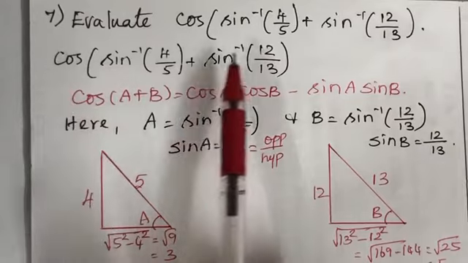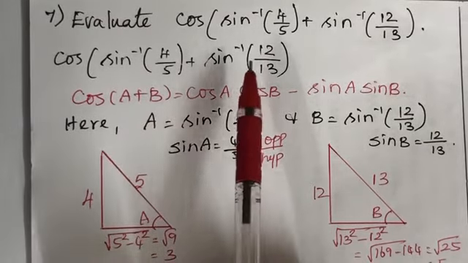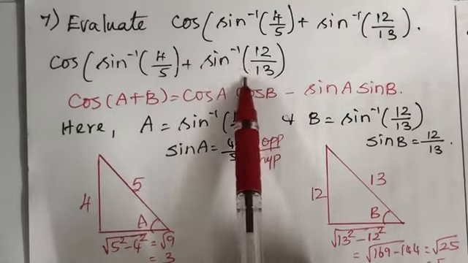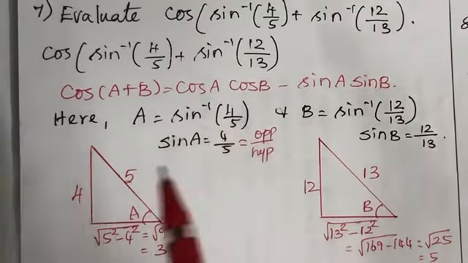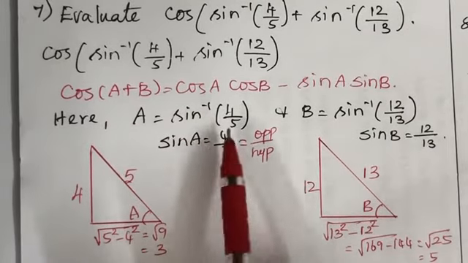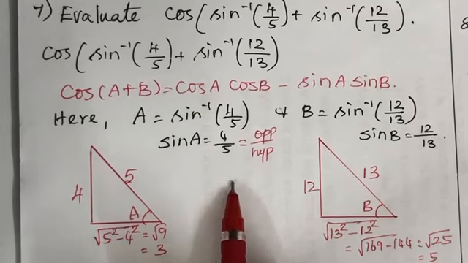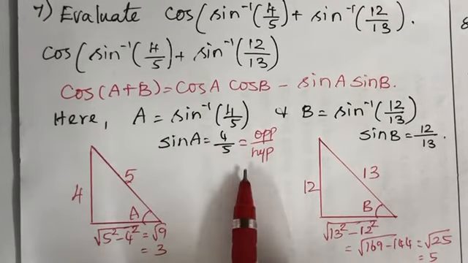So we have the cos A plus B formula. A is sin inverse 4 by 5 and B is sin inverse 12 by 13. A is sin inverse 4 by 5, so sin A equal to 4 by 5. What is our formula? Sin is opposite side by hypotenuse.